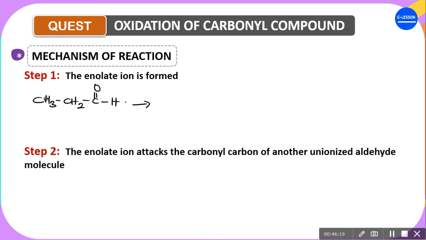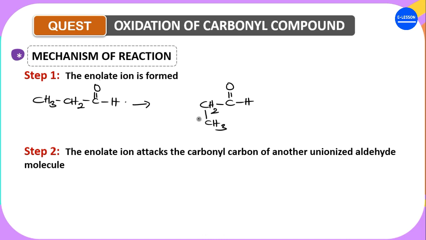I told you that this CH2 will now come on that, so that the alpha hydrogen can easily react. So this will form C double bond O, here is H, here is CH2, and here is CH3.